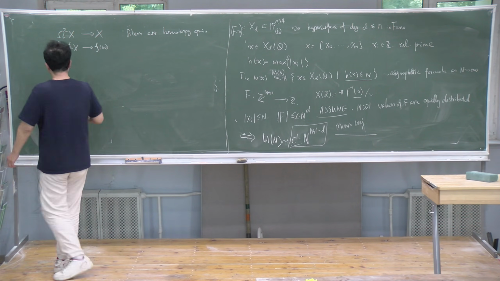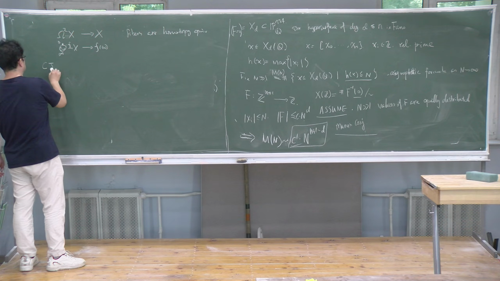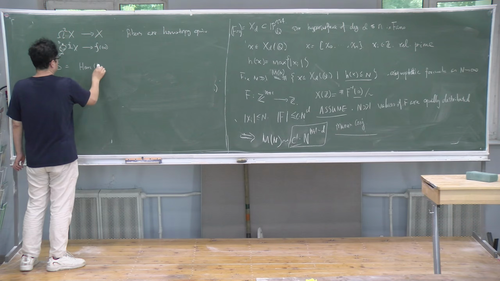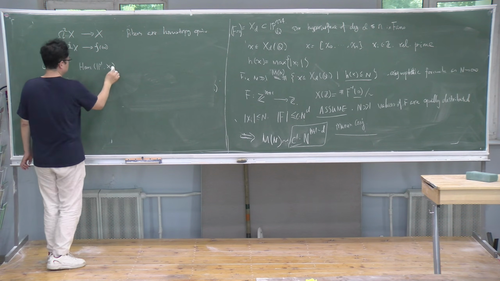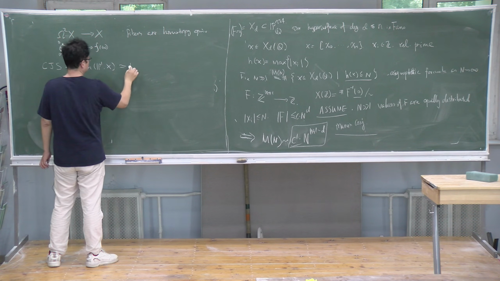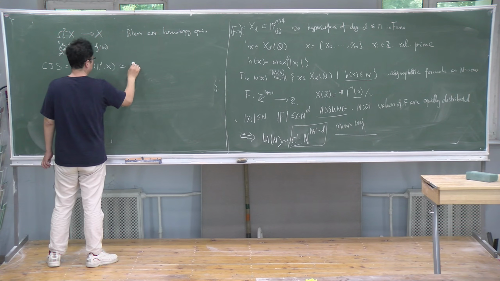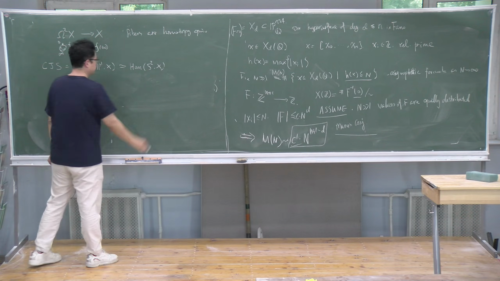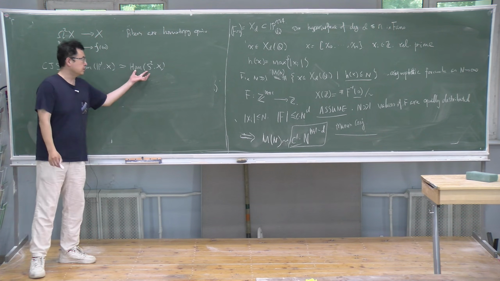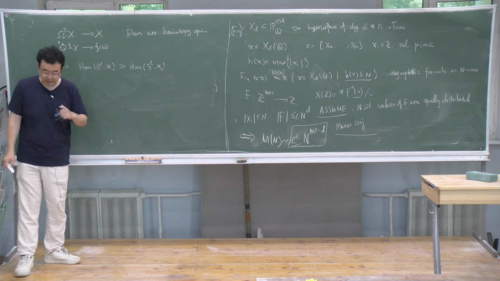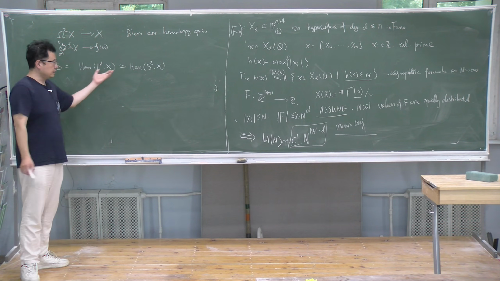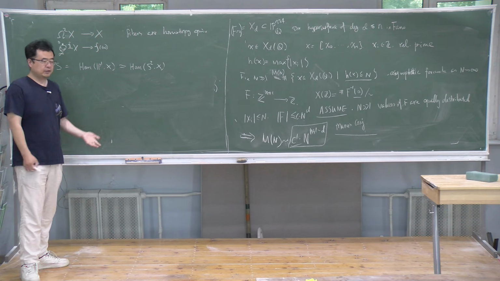So this Cohen-Jones-Segal conjecture is really saying that Hom from P1 to X is somehow the same as Hom from S2 to X. Here it is in the topological category, and this is in the algebraic category. Now I want to understand this kind of phenomenon in a different category.